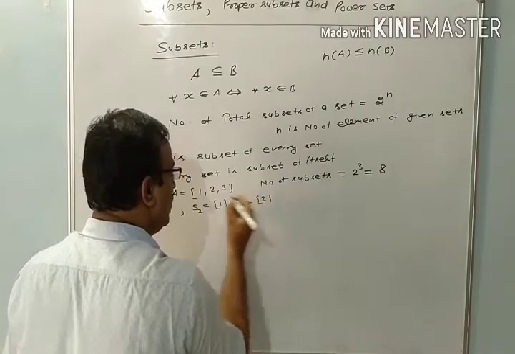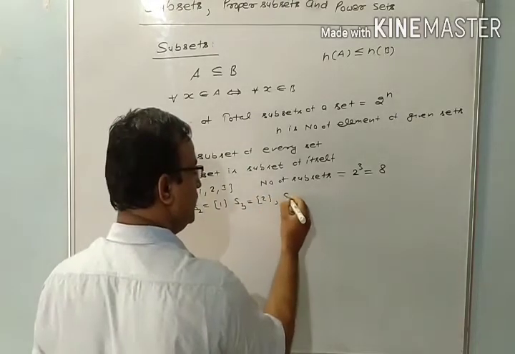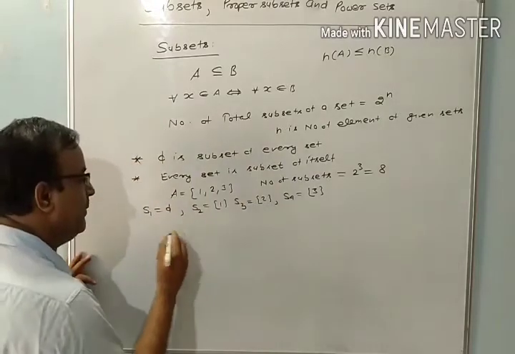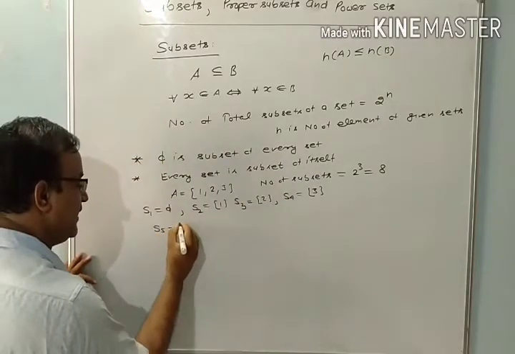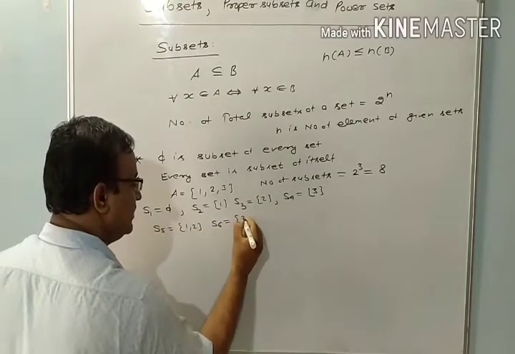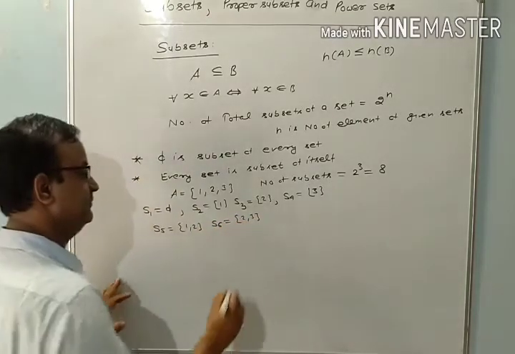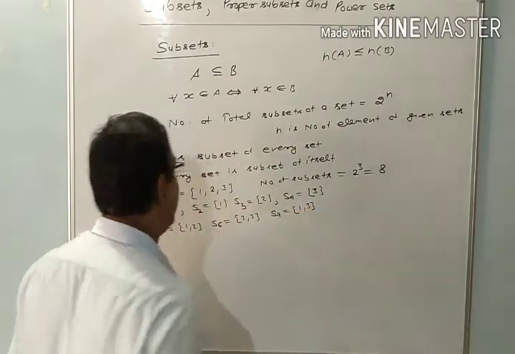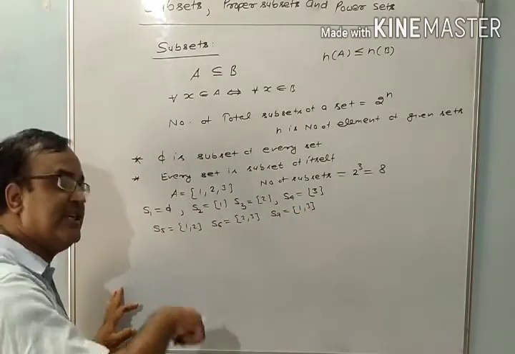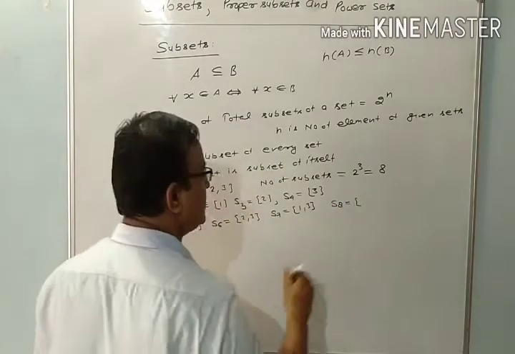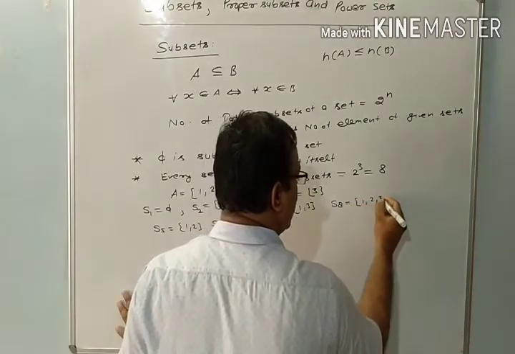Third is only element 2. Fourth is only one element, which is 3. Then by taking two elements, S5 is {1, 2}, S6 is {2, 3}, S7 is {1, 3}, and every set is a subset of itself, that means S8 is {1, 2, 3}.